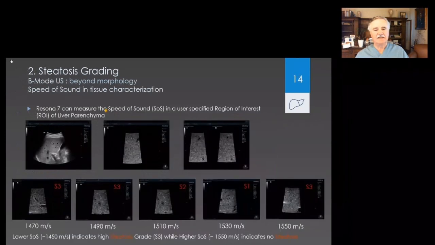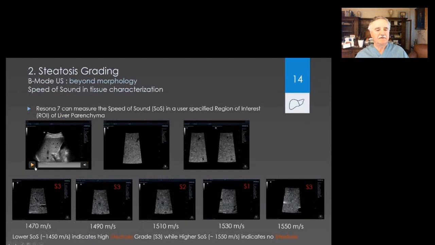This is the technique of how we proceed in order to have a speed of sound measurement. We start with a B-mode image, then we choose the ROI for the speed of sound measurements.